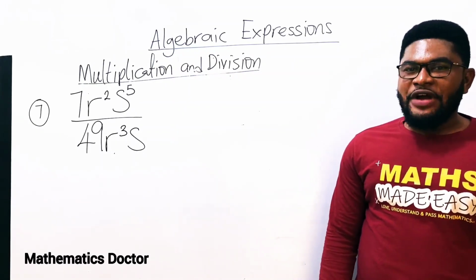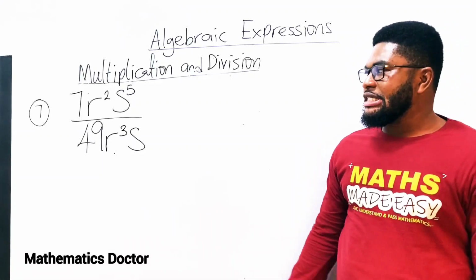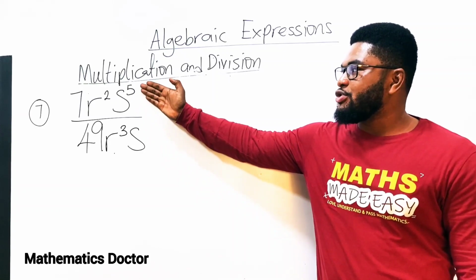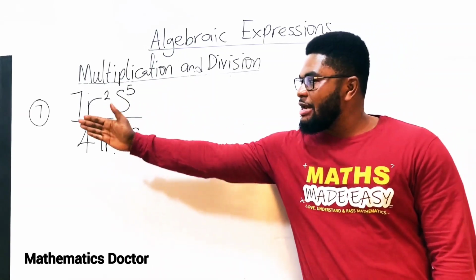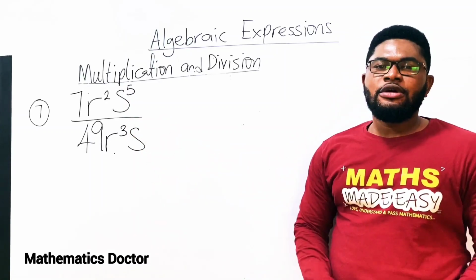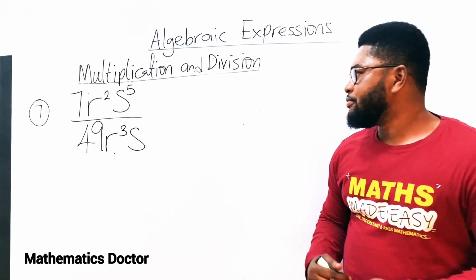Now let's take the final example under the division of algebraic expression. The question says simplify 7r squared s raised to the power 5 all divided by 49r raised to the power 3s. Still, let's use the cancellation method to make it easy.